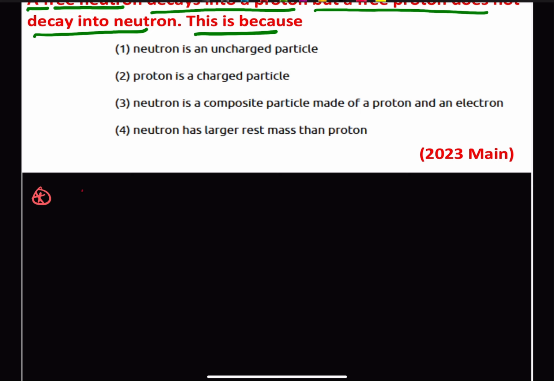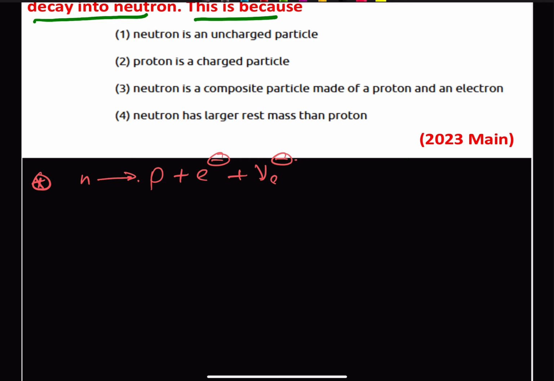We can say our neutron is going to decay into a proton plus an electron, and there will also be an anti-neutrino there. And this is possible only because of the conservation of energy.